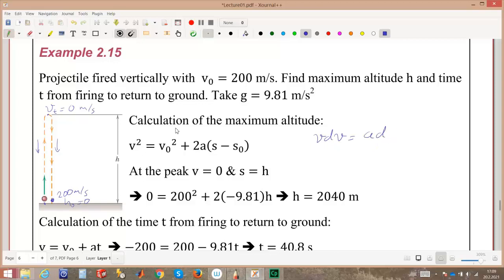ds, but in this case we are using this h. Maybe we can use h here. S is to use, but up to you. And then we can do the integration of both sides, from v0 to v, and this is going to be the integration of a dh from h0 to h.